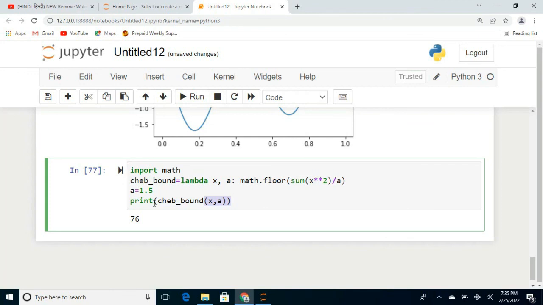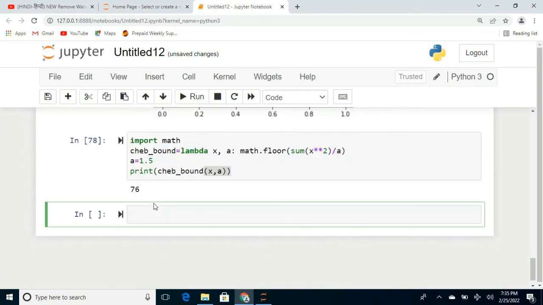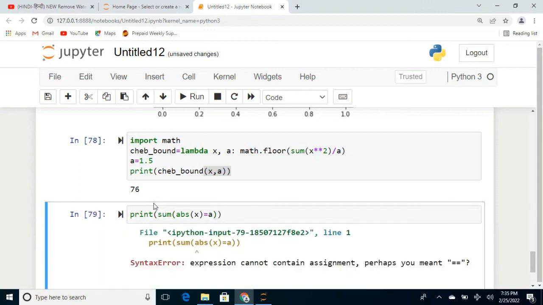And if the code is run as print of the sum of the absolute value of x equal to a, then it will give an error.